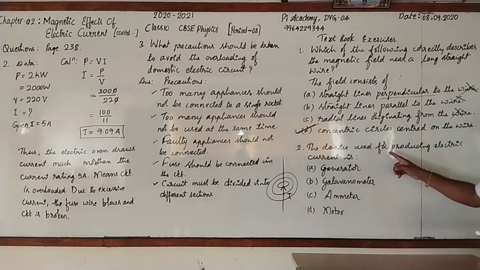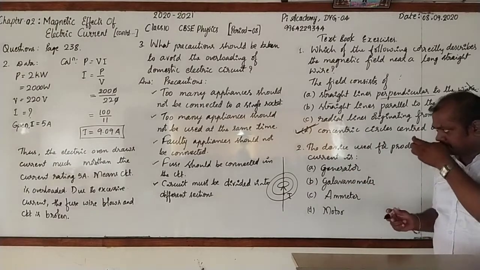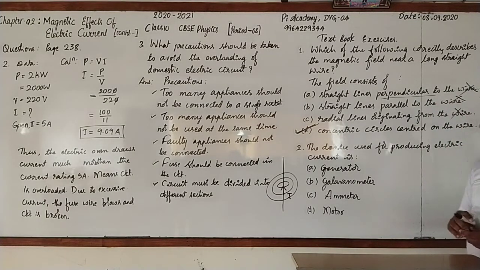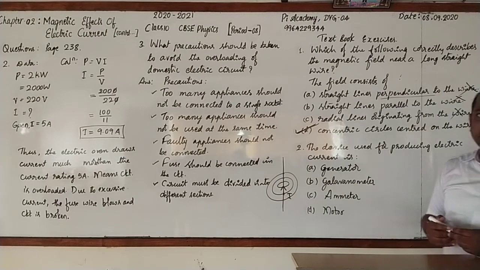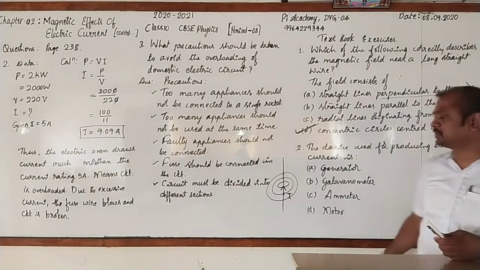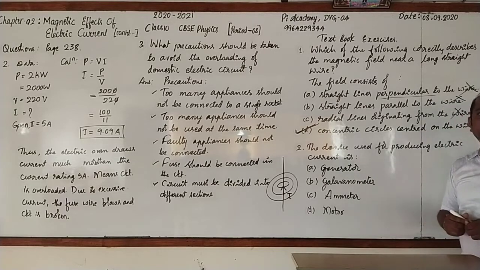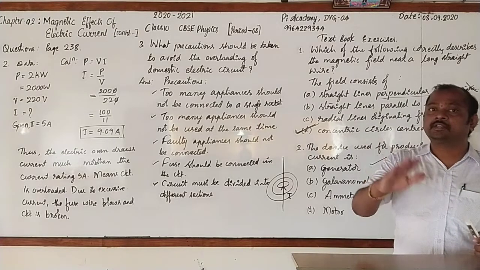The device used for producing electric current is: you are very familiar with that. Which device will be used for producing the current? Generator, galvanometer, ammeter, or motor. If you want to answer this question, you should be able to recall the usage of all of them. Generator. What is the other name of generator?